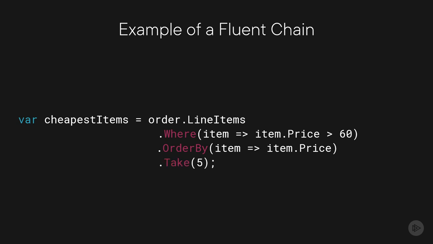And finally, we want to select the 5 cheapest items. These are all extension methods, which are all powerful on their own. But since they follow the pattern of returning an IEnumerable, you can easily construct a chain and add additional method calls to end up with the desired result.